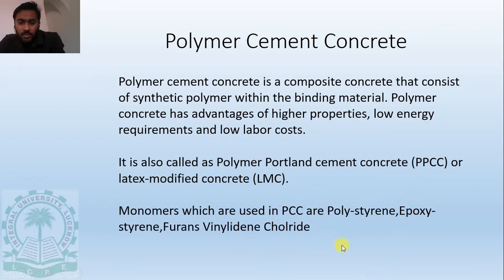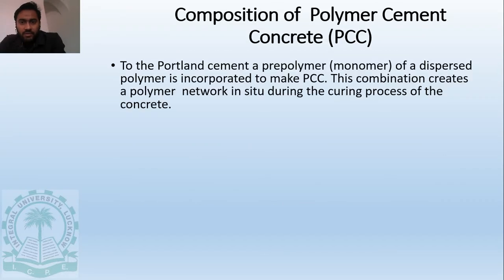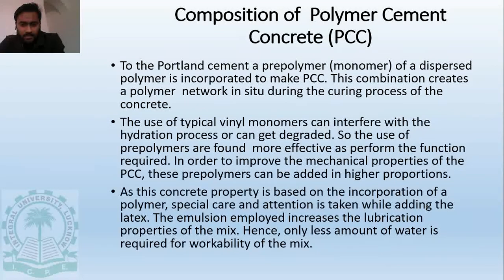The monomers which are used in such type of concrete are polystyrene, epoxystyrene, etc. You don't need to remember all the names, but a few names you should remember. I will just explain the whole gist of the composition. When we use such polymers, they interfere with the hydration process, which can degrade the strength of concrete.